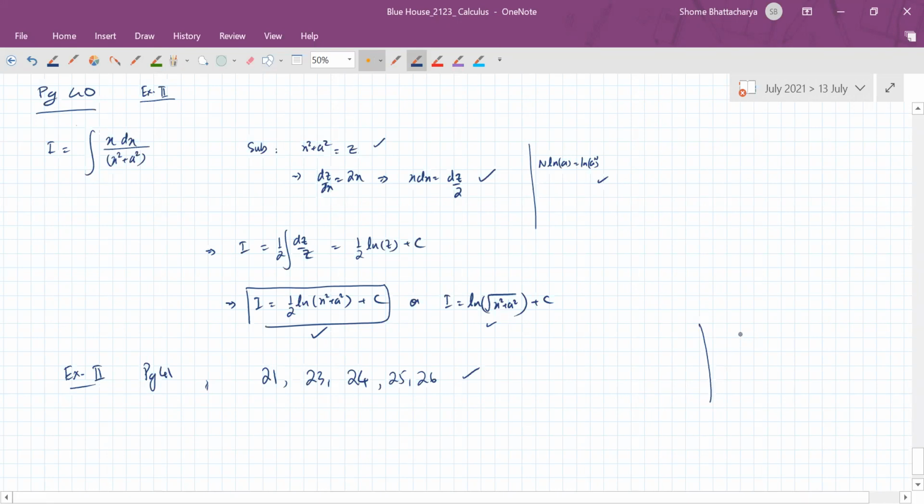Because we have the formula for cos 2 theta, therefore cos x can similarly be written as 2 cos square x by 2 minus 1, or if required it can also be written in the other form. Now in that particular question, in 21C, if you just use this, you get rid of 1 inside the square root.